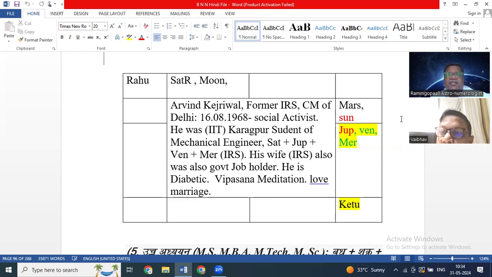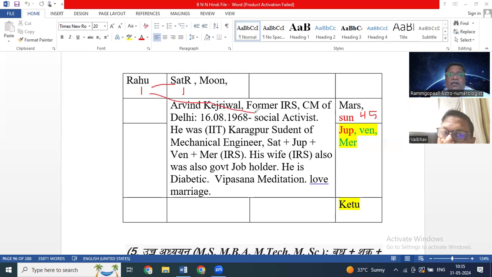You see, first he is a government officer. As per our discussion so far, if anybody wants to become a government job holder, Saturn should be connected with the Sun. But the Sun is in the 4th house. It is not connected. Then how did he become a government job holder? Because Saturn is retro. From retro, it will be the 5th house.